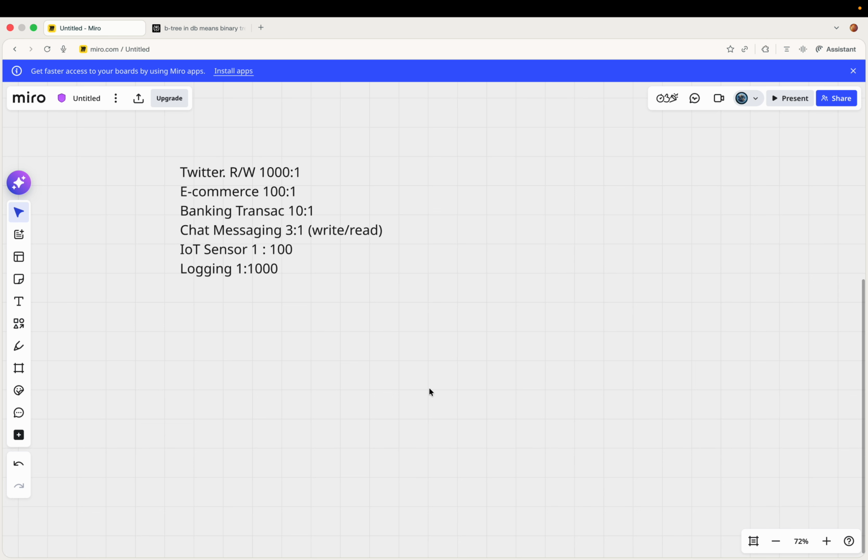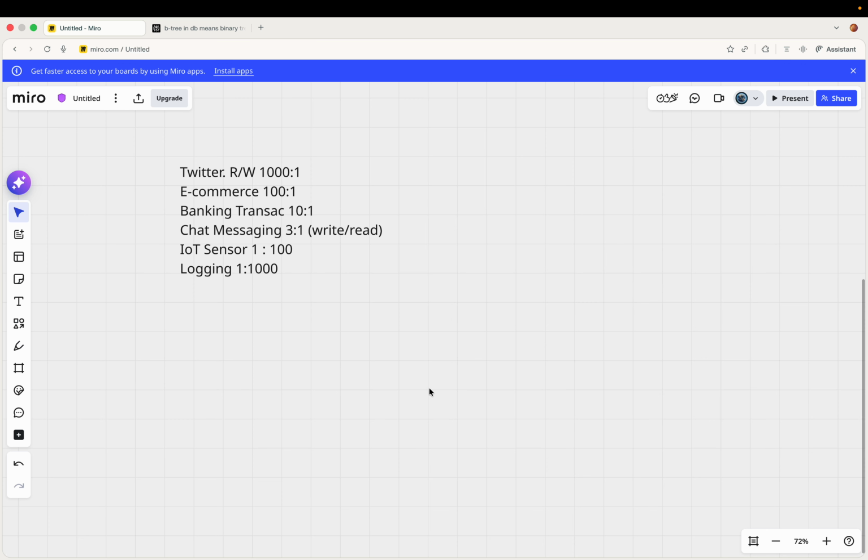So now we shall see how we will optimize a read heavy system. Obviously CDN and cache, read replicas, all those things. How will we optimize a write heavy system? Yeah, we just now discussed them.